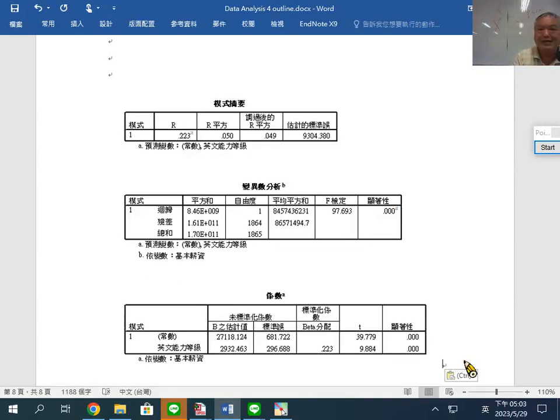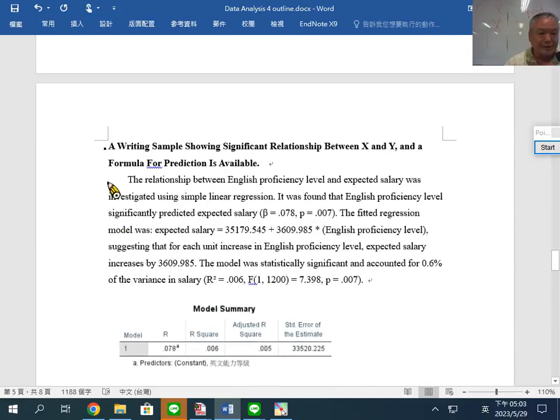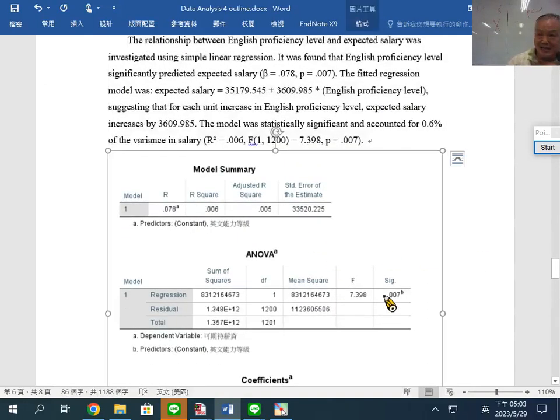But here, I want you to provide this for evidence, for me only, okay? So I want to know, for example, you wrote this statement, this paragraph here, and the paragraph is based on this output. So I want to see the output as evidence to evaluate whether the numbers you put here are authentic.